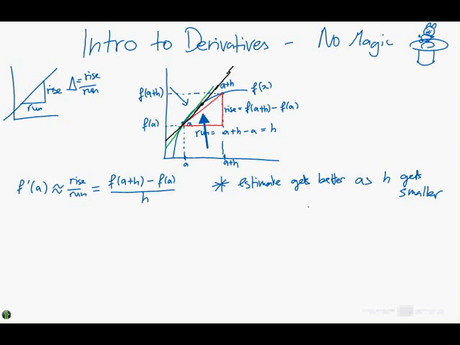So now, I have a question. What happens as h becomes really, really small? If h becomes really, really small, your estimate is going to become very, very accurate. So in other words, what I'm asking is, what happens if I make my second point not here, not here, but right there?